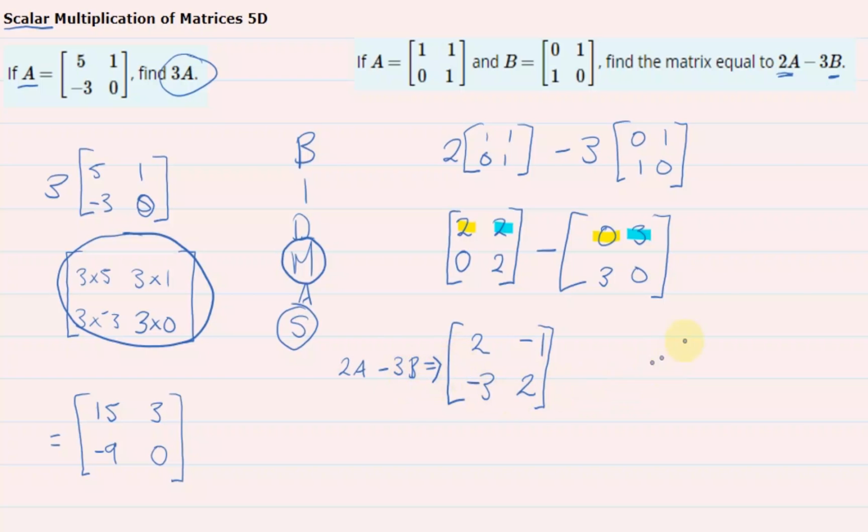The only other thing that comes up a little bit in this chapter is a piece about zero matrices. A zero matrix is any matrix that has all elements being zeros. Zero matrices can come about when we have one matrix, say matrix A, take matrix A, we would end up with a zero matrix.